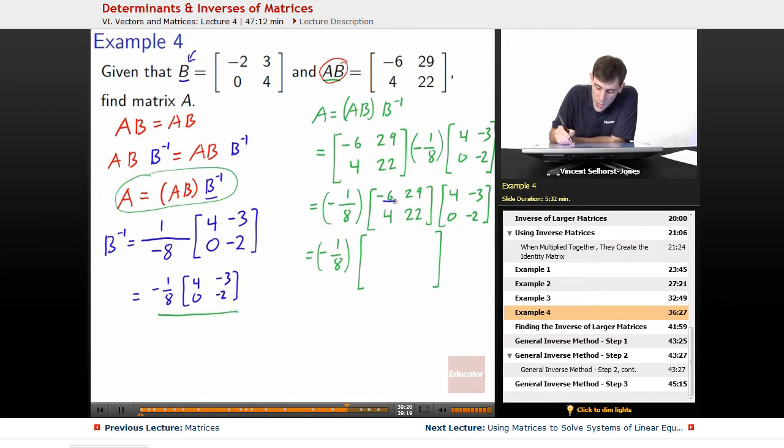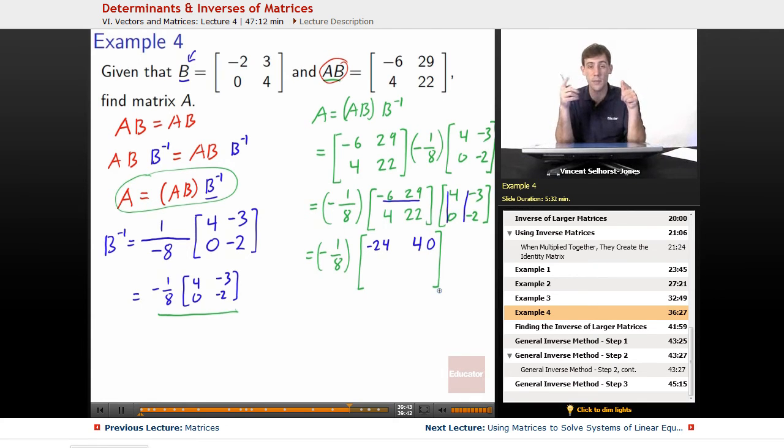Negative 6, 29 times 4, 0: negative 6 times 4 gets us negative 24, and 29 times 0 is just 0. Negative 6, 29 on negative 3, negative 2: negative 6 times negative 3 gets us positive 18, and 29 times negative 2 gets us negative 58. So that gets us negative 40. Sorry, 29 times negative 2 got us negative 58, so it's a negative 40.